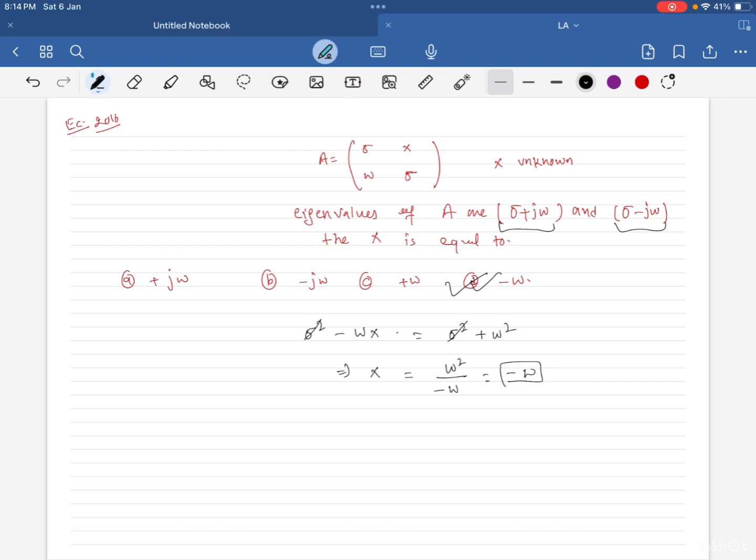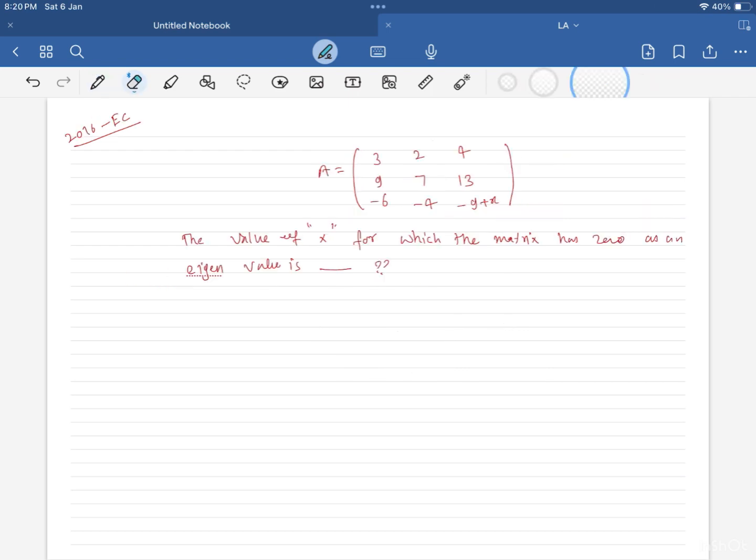Okay, now let's look at more questions. In this question we have been given this matrix A, and here x is there, and we have been asked the value of x for which the matrix has 0 as an eigenvalue.